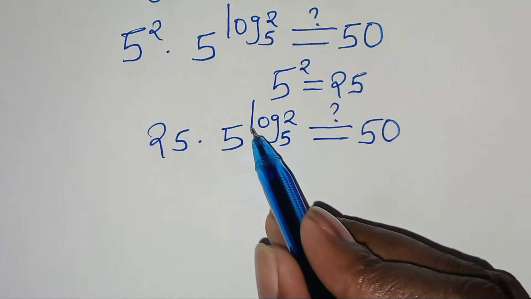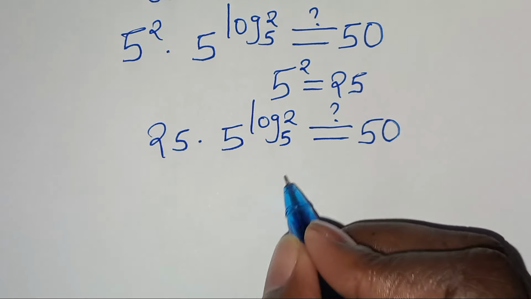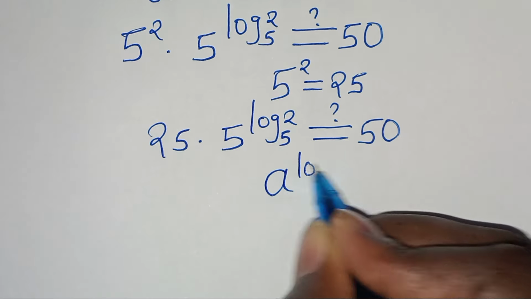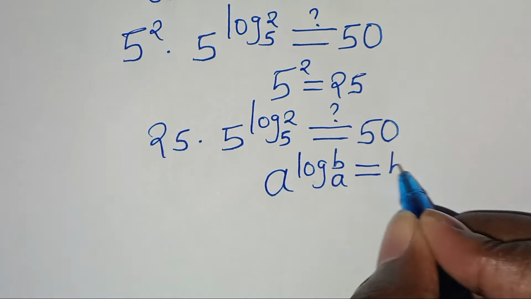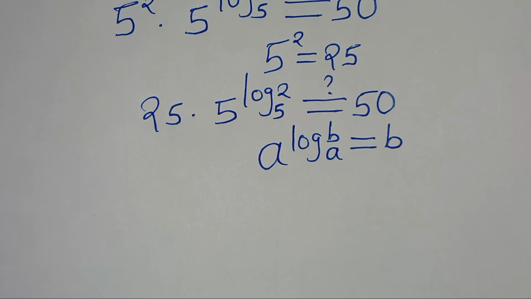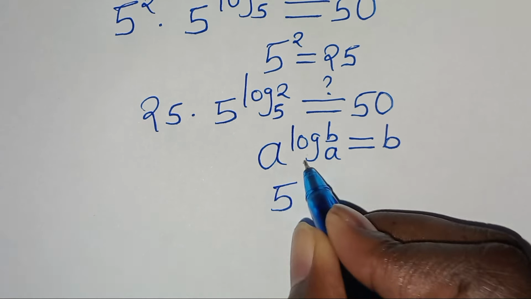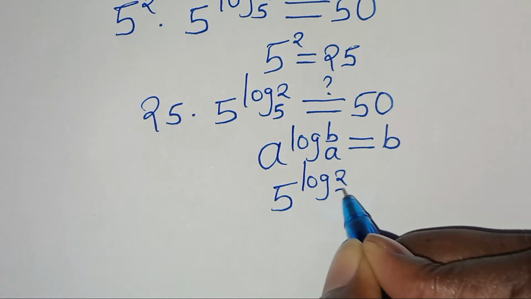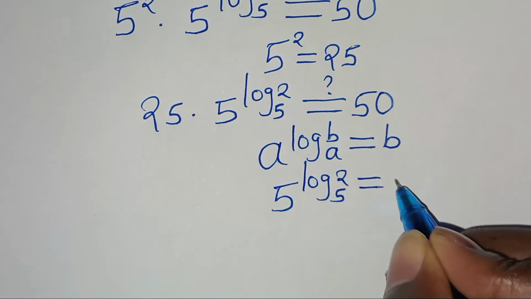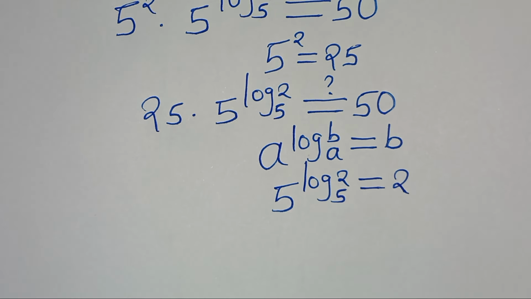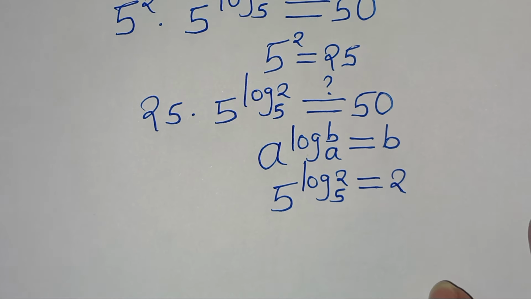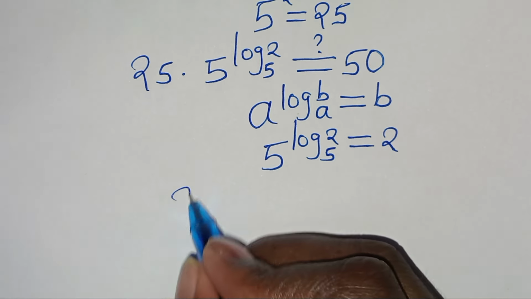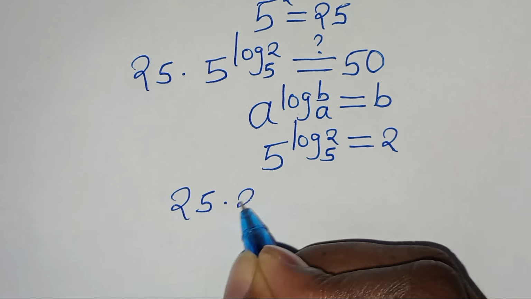So 5 to the power of log 2 to base 5 is in the form of a to the power of log b to base a, and this should give us a value of b. So this means that 5 to the power of log 2 to base 5 gives us a value of 2. Now let's substitute this 2 back into the equation, so that we have 25 multiplied by 2.